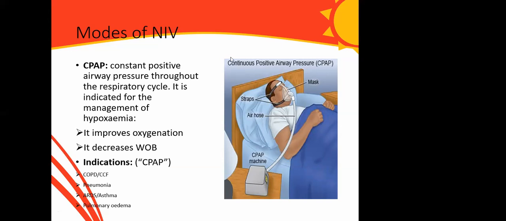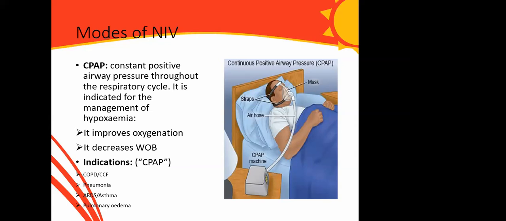Okay, so CPAP is a mode of delivering non-invasive ventilation. CPAP, like we know, is a continuous positive airway pressure that is delivered throughout the respiratory cycle. Usually the primary indication is for the treatment of hypoxemia, when you have reduced PaO2 or SpO2.